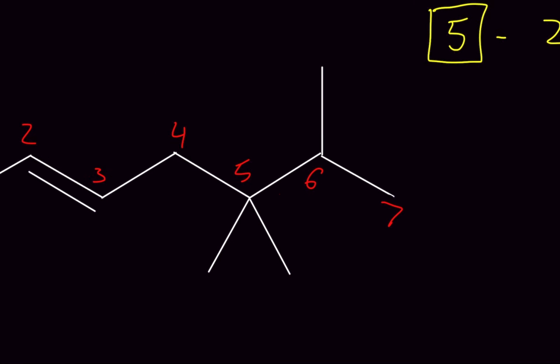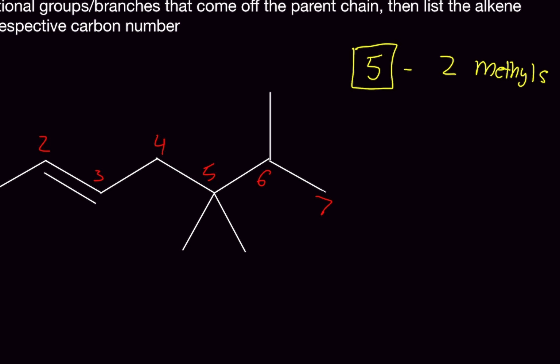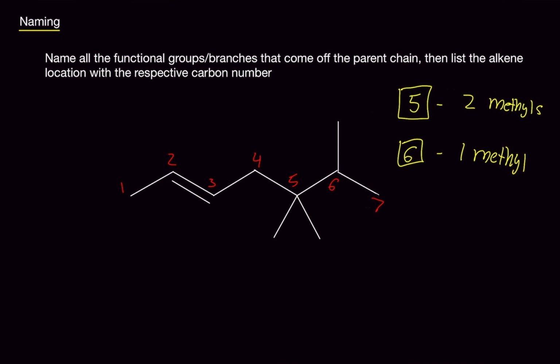On carbon 6 we have a methyl, because remember, this is a CH3 group. This is a CH3, this is a CH3, this is a CH3. They're not hydrogens, they're carbons there. And so on carbon 6, we have 1 methyl. So 2 plus 1 equals 3. So you have 3 methyls in total.